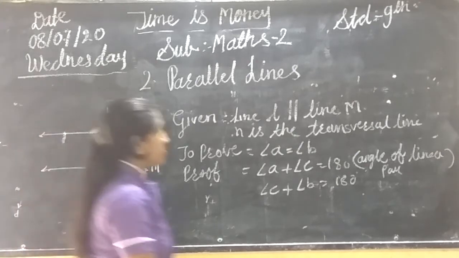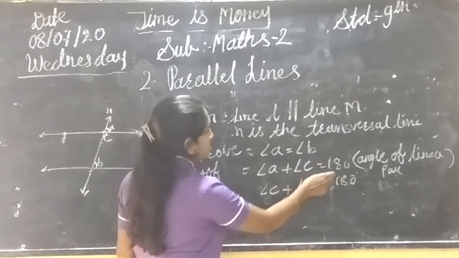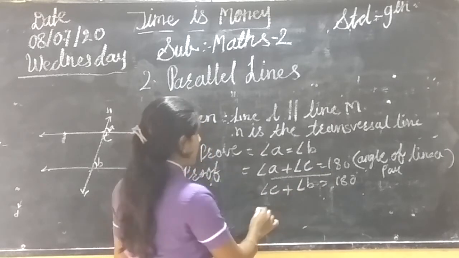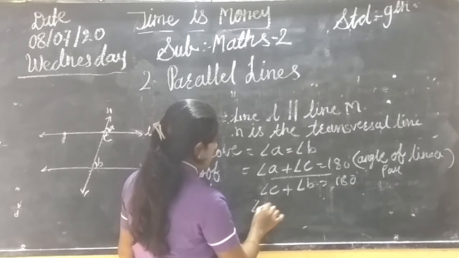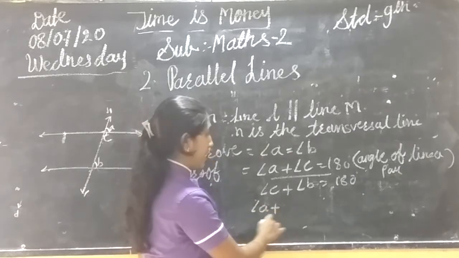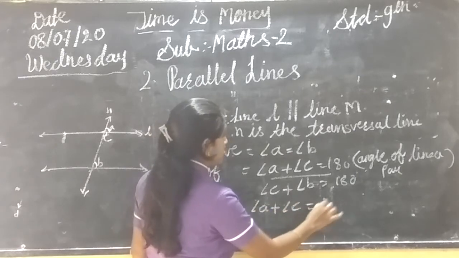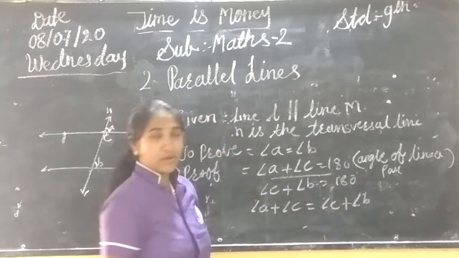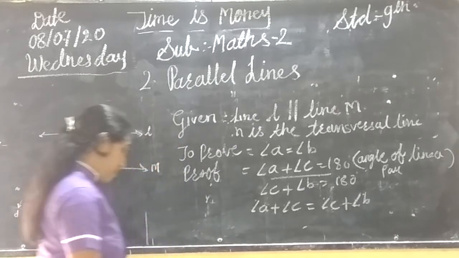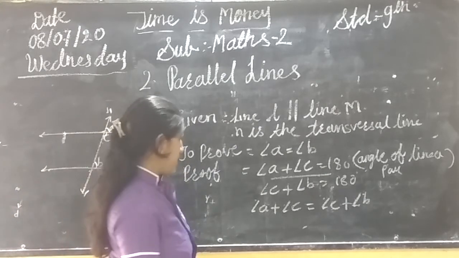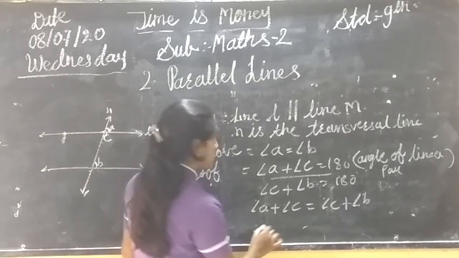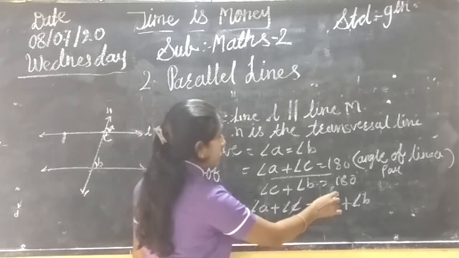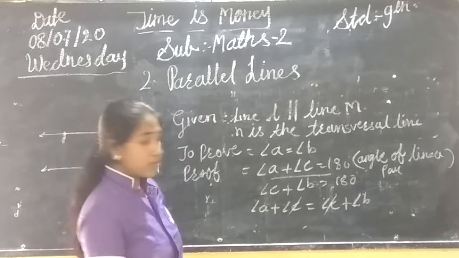Then now see here, this is also 180 and this is also 180. Then we can write in one line: angle A plus angle C is equal to angle C plus angle B, because both are 180 degrees. Therefore, the next step: see, angle C is cut. This angle C is also cut, as all of you know.